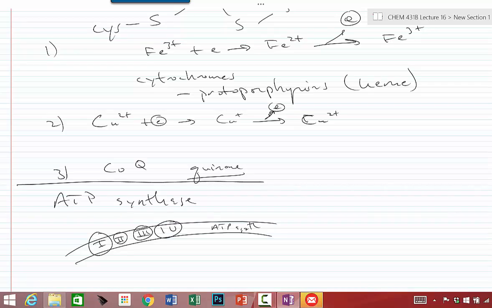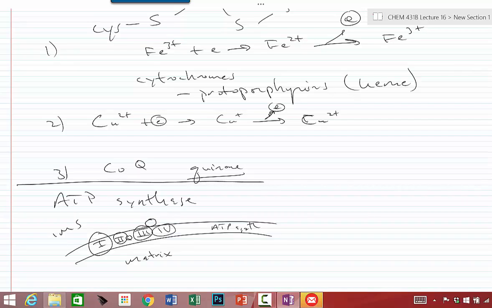Oh yeah, coenzyme Q, that sits right there. Cytochrome C, that sits right there. And this is the matrix on the inside here. And this is the intermembrane space out there. And so electrons are flowing in this direction.